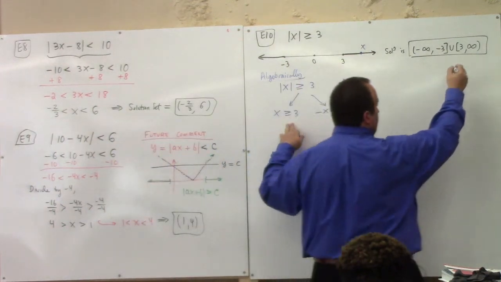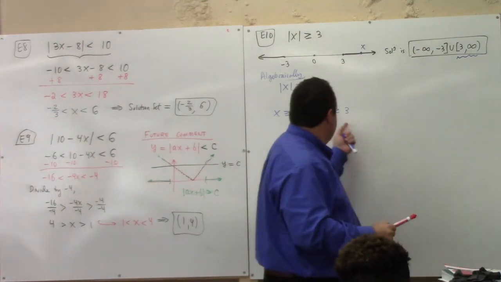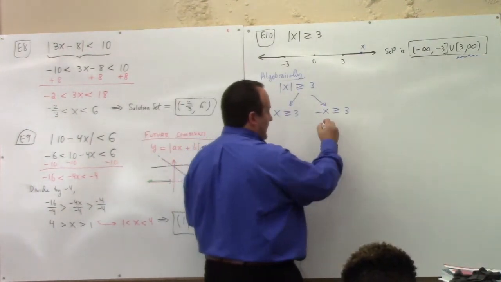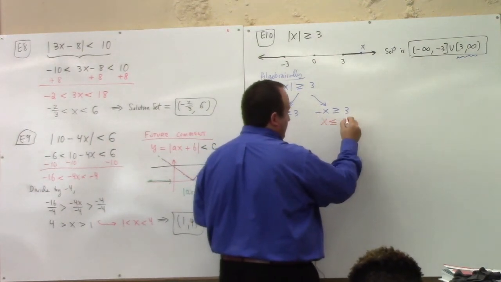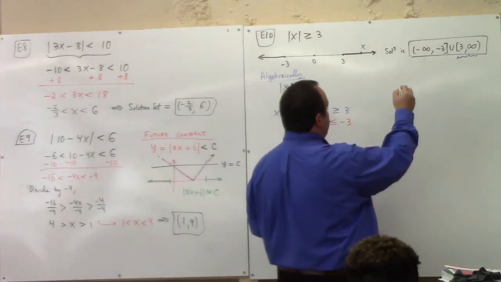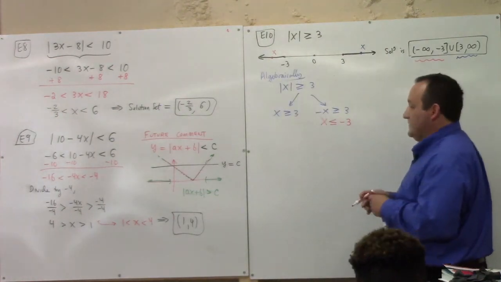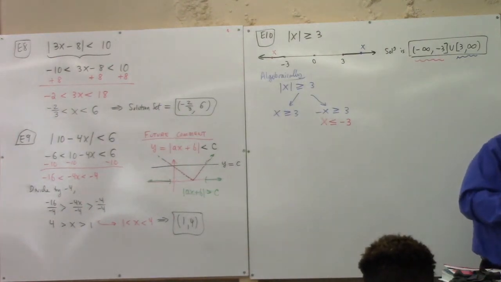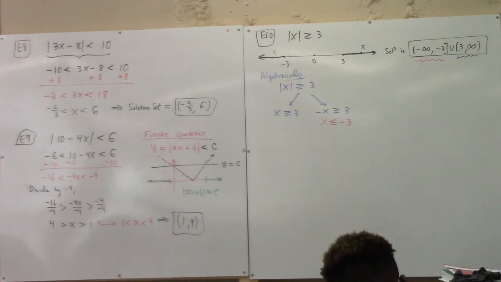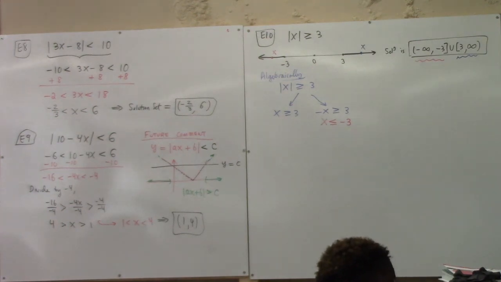That's these guys. But how about this? Divide by minus 1, we get x less than or equal to minus 3. Those are these up here. These are disjoint cases. You can't have both at the same time. So the answer for an inequality of this form, which involves greater than or equal to, is going to be a union of two rays to infinity.